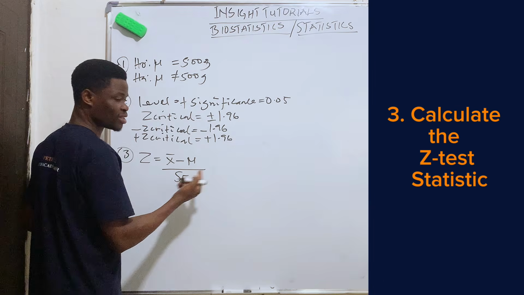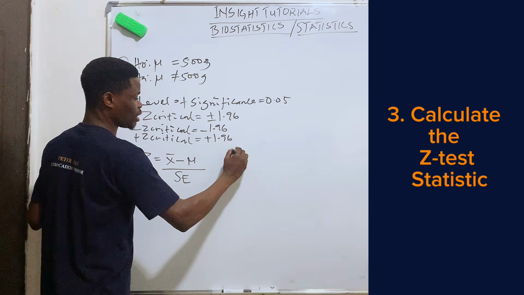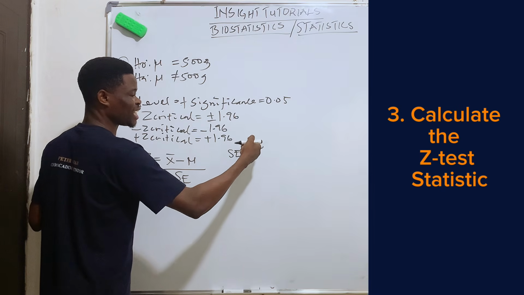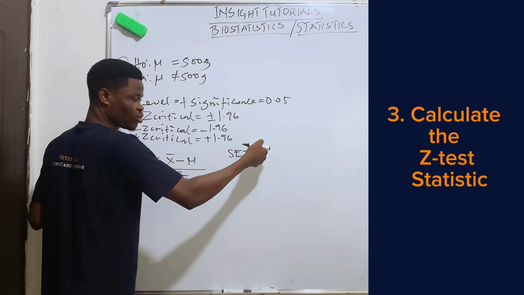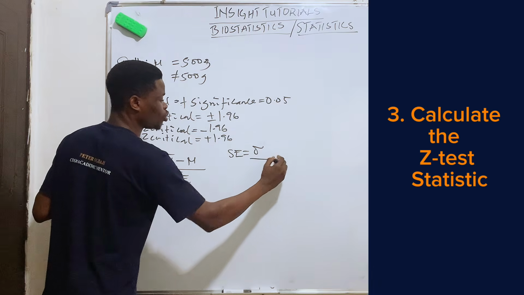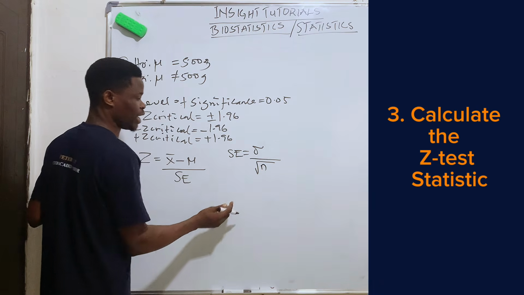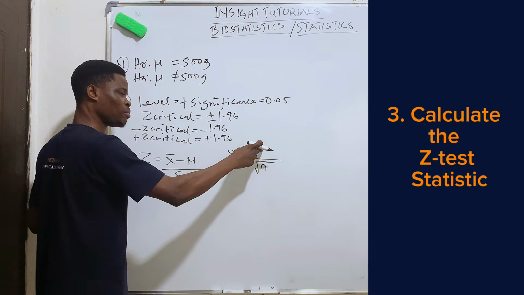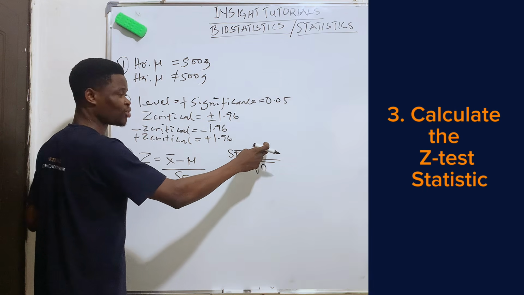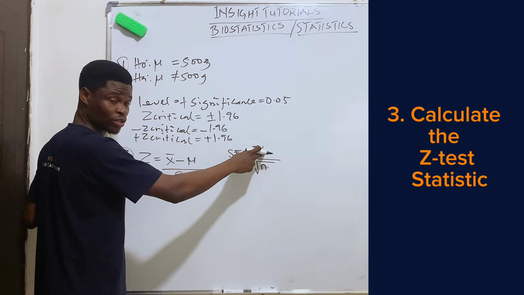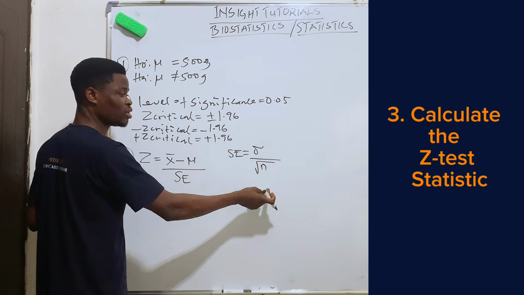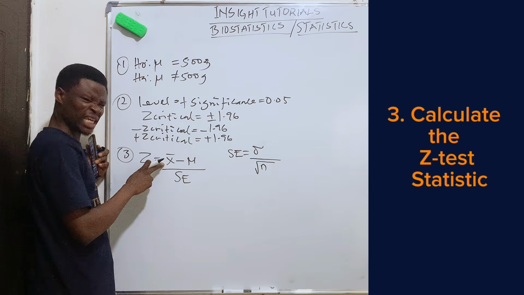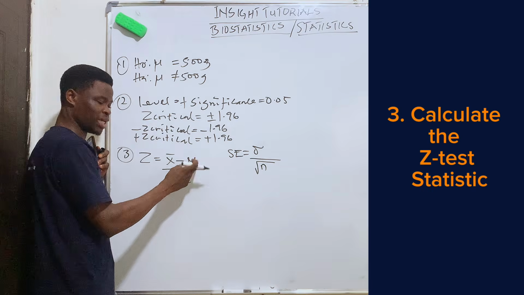Now, the standard error itself has a formula: standard error is equal to the population standard deviation, all over the square root of n, where n is the sample size. This is the sample size, this is the sample mean, this is the population mean, and this is the standard error.